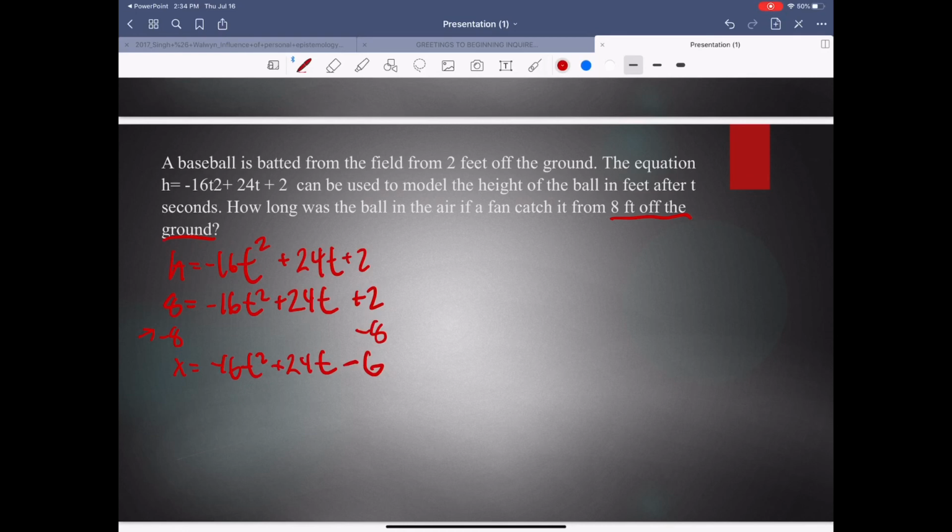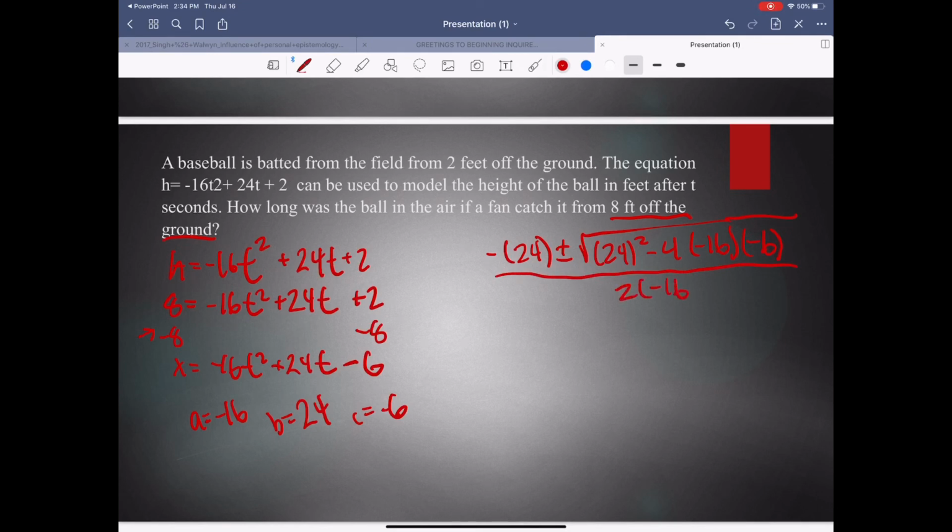Now at this point I could label everything. So a is equal to negative 16, b is equal to 24, c is equal to negative 6. Using the formula, I got negative 24 plus or minus the square root of 24 squared minus 4 times negative 16 times negative 6, all of this divided by 2 times negative 16.